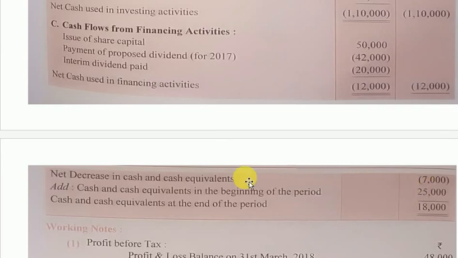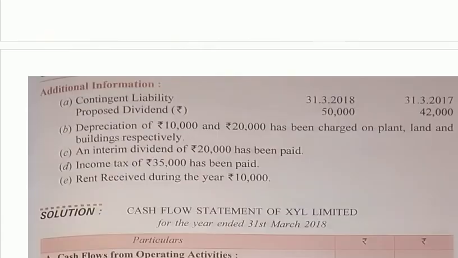In the question, cash and cash equivalents in the beginning of the year, that is previous year, is given as 25,000. 25,000 minus 7,000 is 18,000, and this is your cash and cash equivalents at the end of the current year. And that is how this question has been done with the help of adjustments.